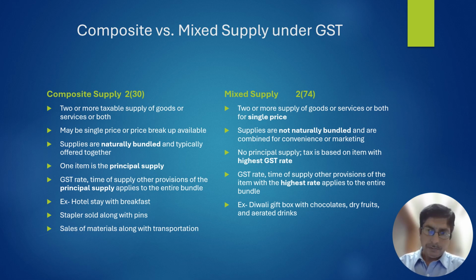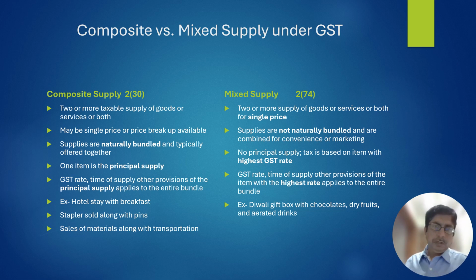One of the items in that bundle is a principal supply. Then the whole bundle will take the color of the principal supply. That is, the GST rate, HSN, time of supply, and other provisions of GST that apply to the principal supply will apply to that bundle.